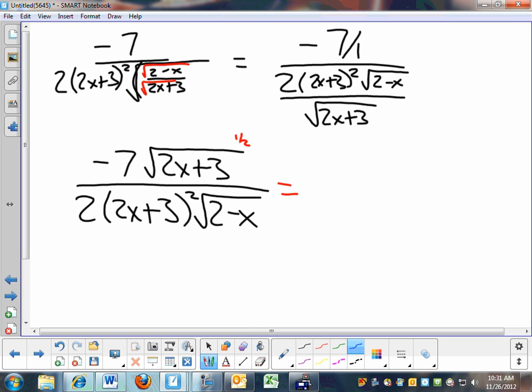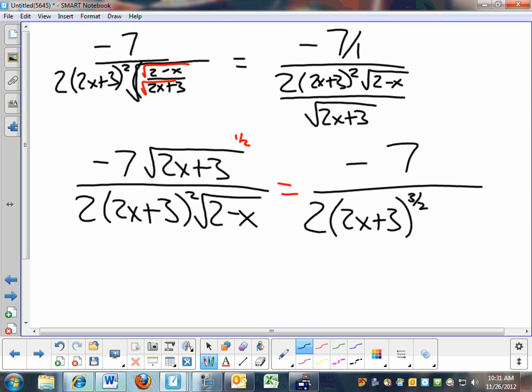So this simply becomes negative 7 over 2 times (2x plus 3) to the 3/2 times, you could write, the square root of 2 minus x. So that's it. I'm just saying that mathematically, that's how you would simplify it.